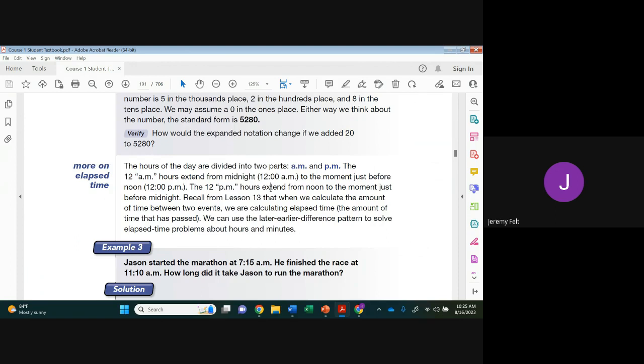So it's kind of unique that we start at 12 and not 0, and then we go 1, 2, and then we start over again at 12, and then we separate morning, we call AM, and then afternoon and evening times, 12, 1, 2, 3, we use PM.